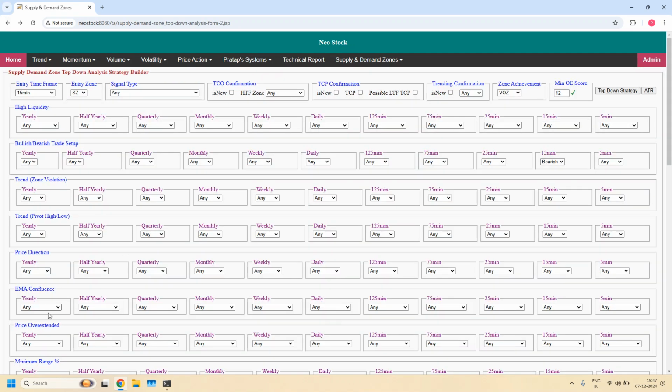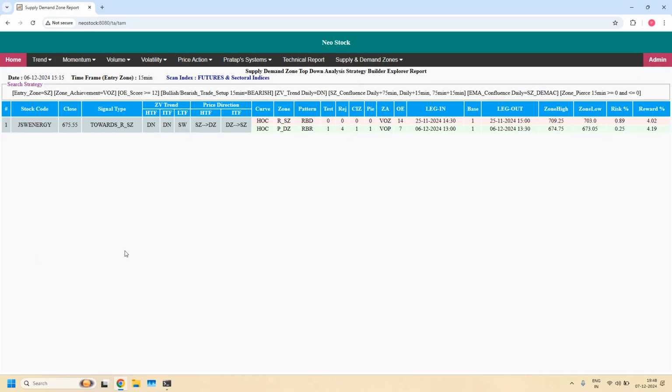So let's verify. In the EMA confluence, at a daily time frame, daily supply zone having daily EMA confluence filter is enabled. And in the trend at a daily time frame, I need to select only downtrend supported stocks, not sideways. So with this filter, we got one stock, JSW Energy.